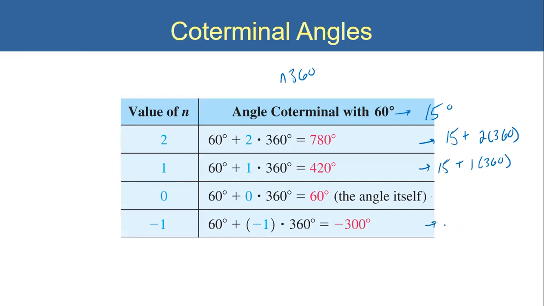And if I go clockwise, it's going to be a negative 1 times 360. And these are all still coterminal because I'm just rotating from that same spot, coming back to that same spot. That's why I said the 60 changes, but the N times 360 is going to stay the same.